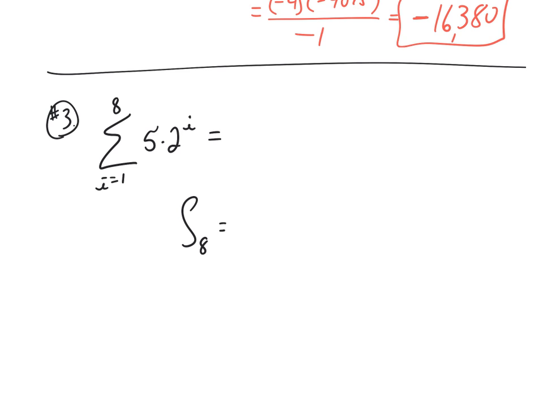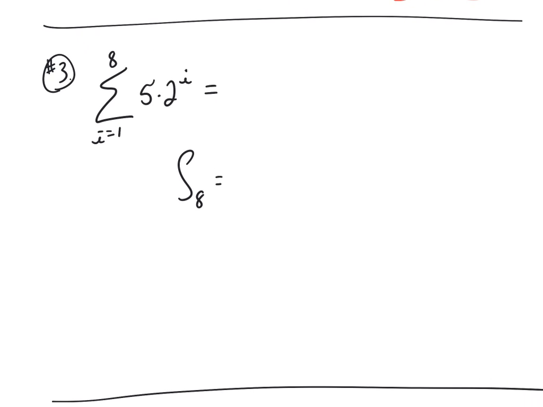Now the last two examples, the geometric series, are going to be written out in summation form or sigma form. And again, I've got a really important thing to mention. How do I know that given this equation, 5 times 2 to the i, it's going to be a geometric series?